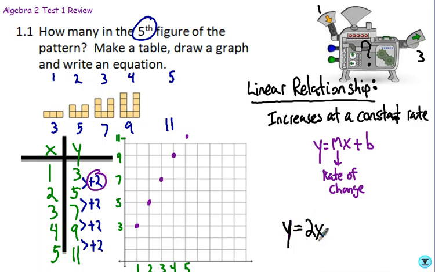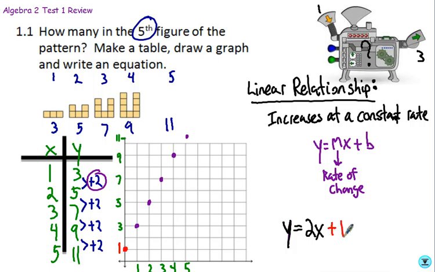2x. And then the last number there, what we'll represent here is, if I counted backwards, and if I wanted to say, okay, at 1, 3, and it's going up 2 over 1, what if I went backwards? Well, that would be down 2 over 1. So when x is equal to 0, the y would be equal to 1.